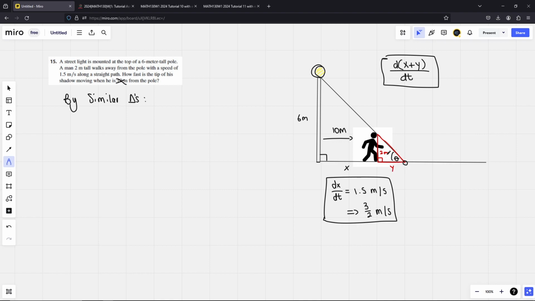If I look at my angle theta, I want to take the opposite of the big triangle, so that's going to be 6, and the opposite of the smaller triangle, and put it on the other side.